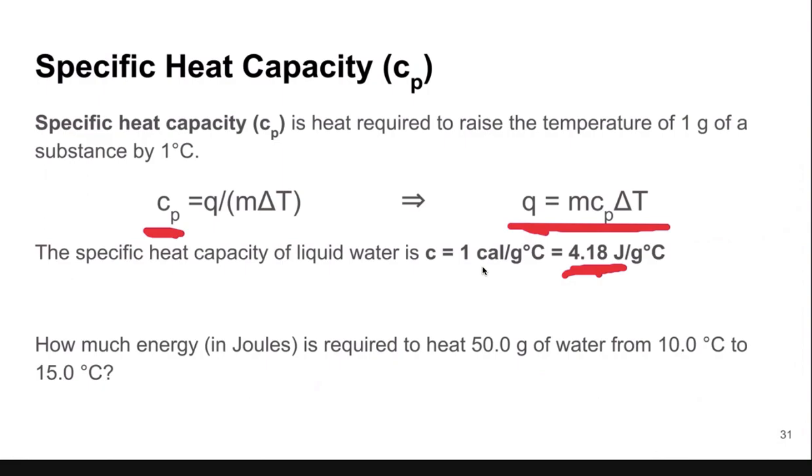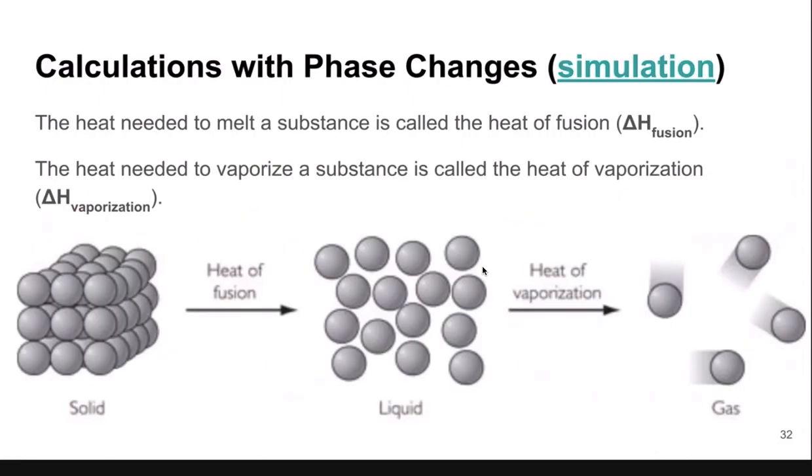Alright, the rest of the slides seem to go on a bit about phase changes. So, again, in physical changes, changes of state, you gain or lose energy. This gets into a bit much, and I might recommend you look at the simulation, but there's a specific amount of heat needed to melt a substance, and fusion is actually the old term for melting.